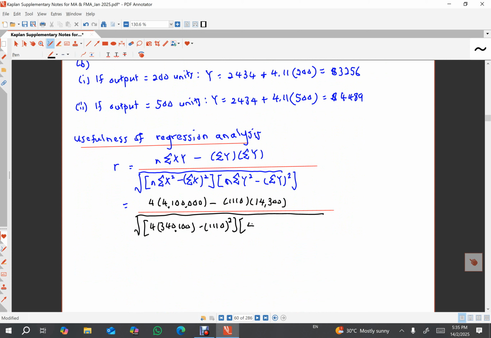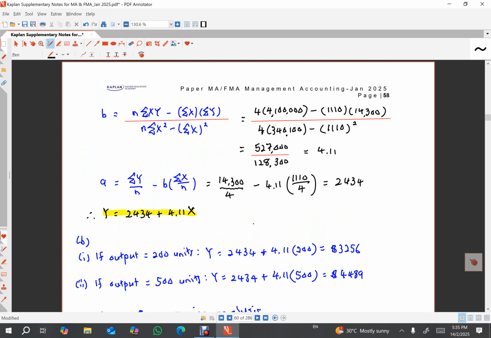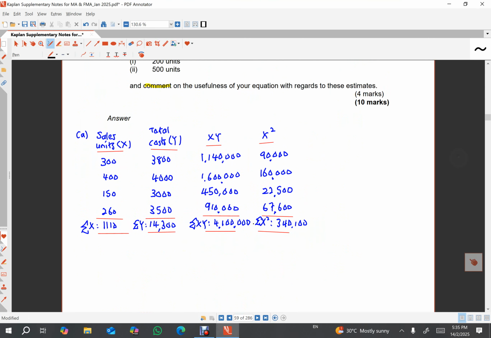I will also need another set of values, the summation of Y to the power of 2. So we take one more value.